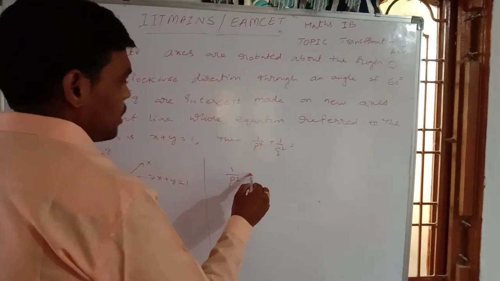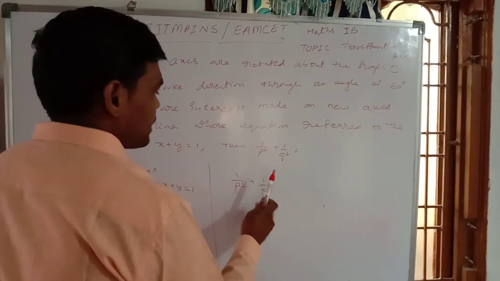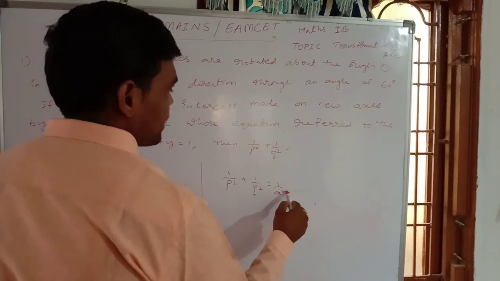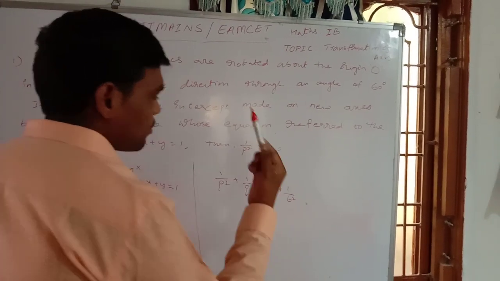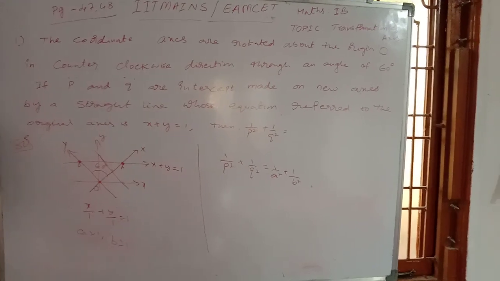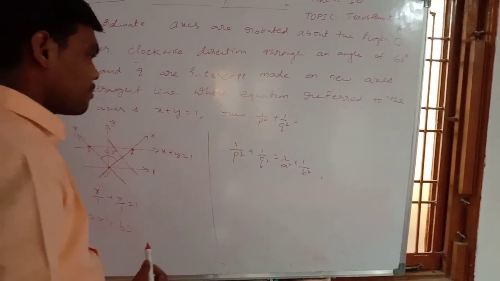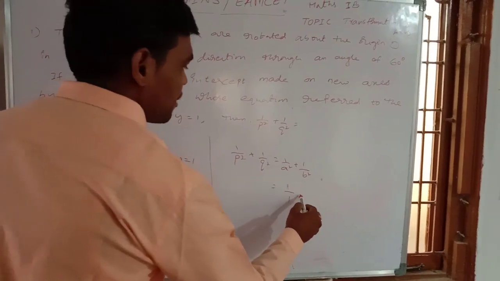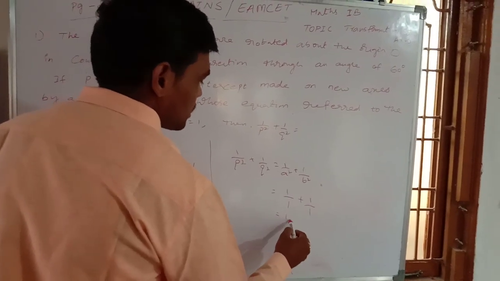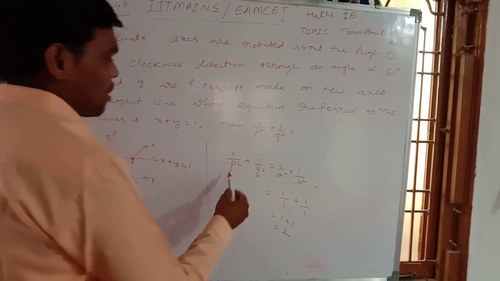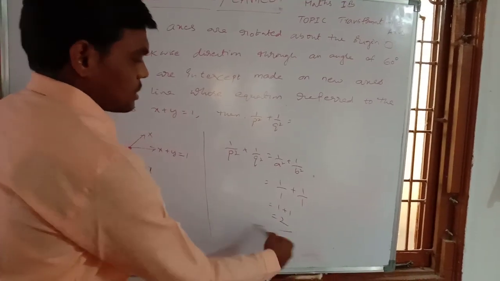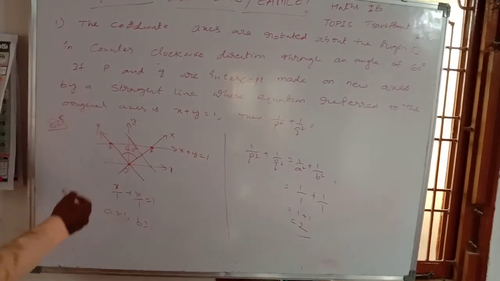See the formula: 1 by p square plus 1 by q square is equal to 1 by a square plus 1 by b square. This is already proved in the straight lines chapter. So 1 by 1 plus 1 by 1 is 1 plus 1, equal to 2. Now 1 by p square plus 1 by q square is equal to 2. Okay, write down.